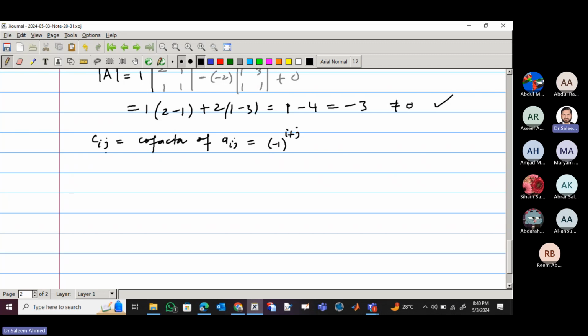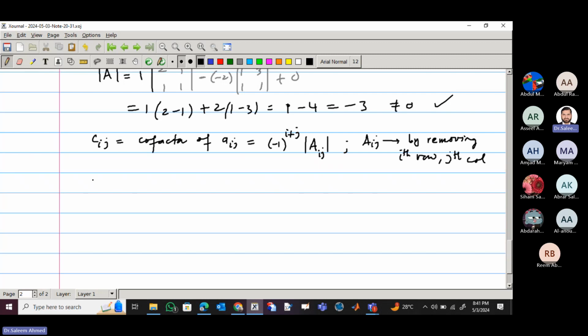If i plus j is even, the sign is plus. If i plus j is odd, sign is minus. And then we write a determinant of the matrix Aij, whose ith row and jth column is removed.